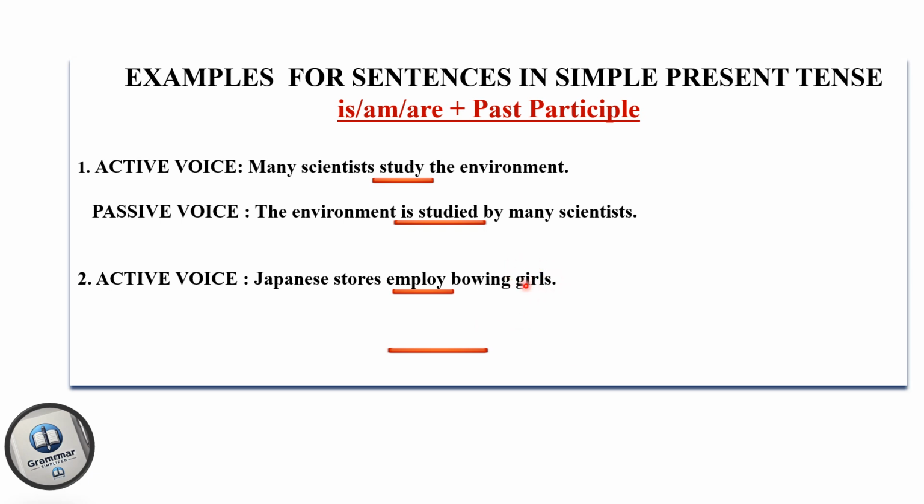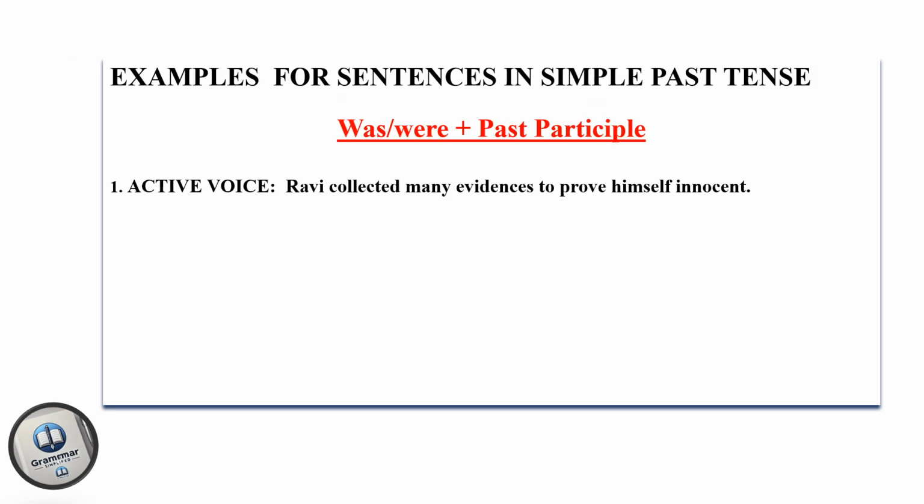Since Boeing girls is plural and employ is in present tense, you are going to use the helping verb are. So, the answer is Boeing girls are employed by Japanese stores, because the past participle form of employ is employed. Hope you understood. Next, let's go to the next examples.